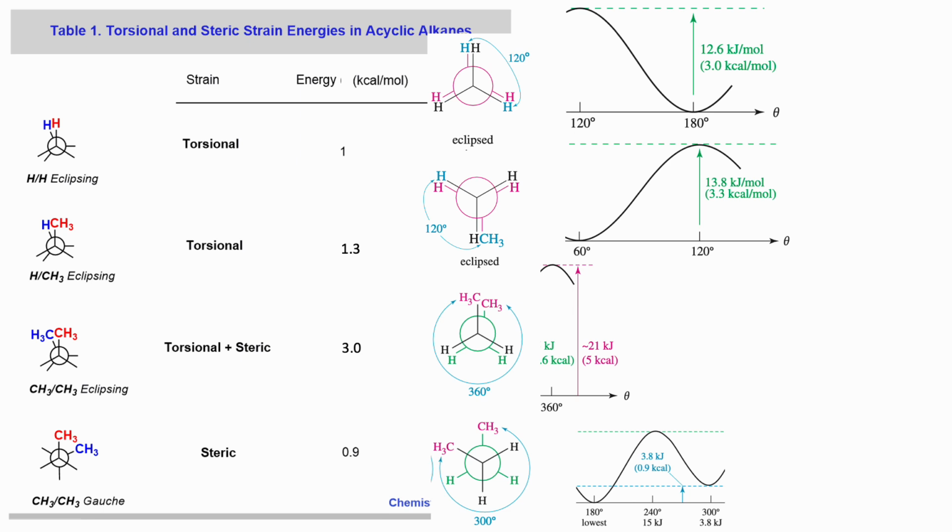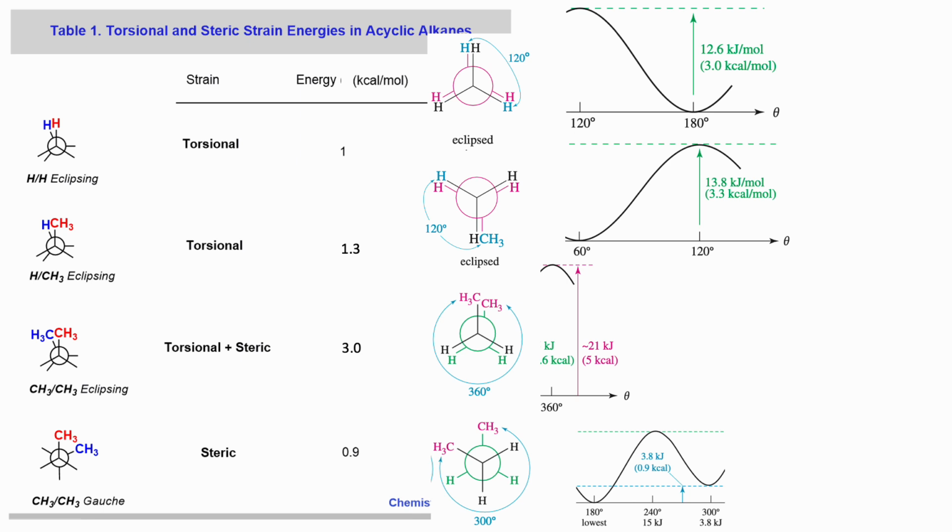And so the value of that is 1.3 kcals per mole. So when we look at propane, we now have that methyl-hydrogen interaction, which is worth 1.3, but we also have 2 hydrogen-hydrogen interactions that are each worth 1. So we add those up, 1 plus 1 plus 1.3, and we get a total of 3.3 kcals per mole difference in energy between the staggered conformation and the all-eclipsed conformation in propane.